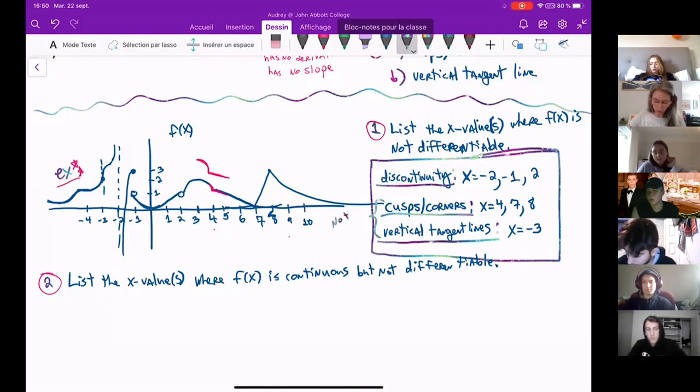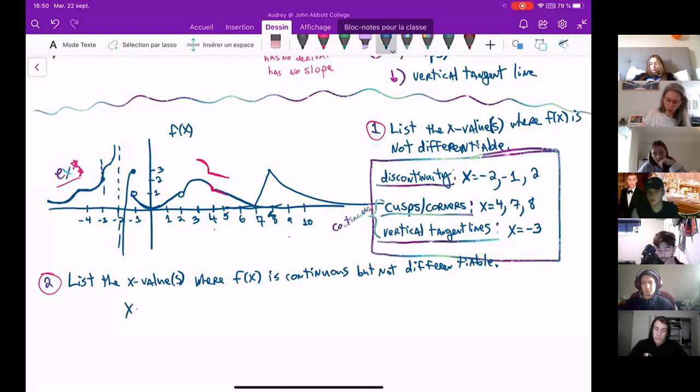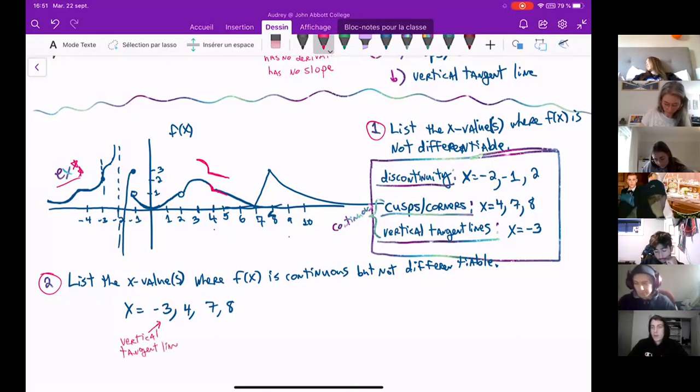So this is where it's continuous. So here I can just immediately go x is equal to -3, 4, 7, 8, where that's my vertical tangent line. And those are my cusps and corners.